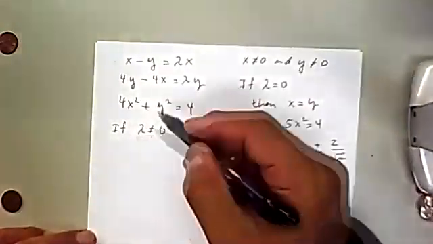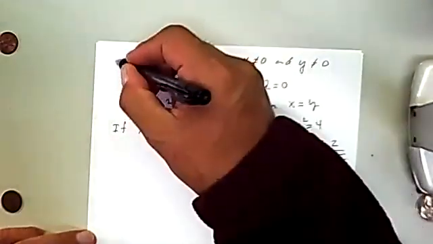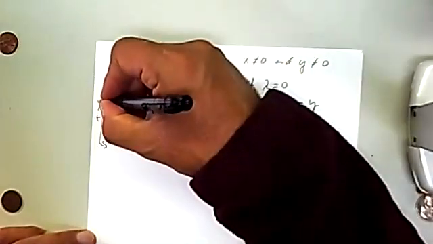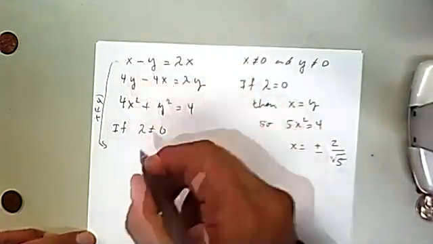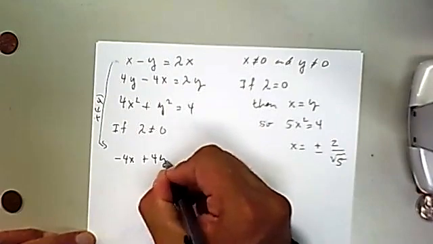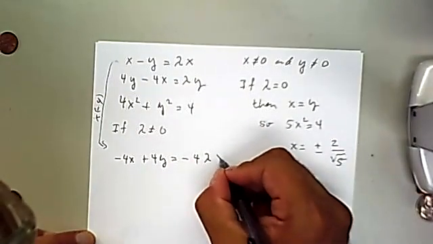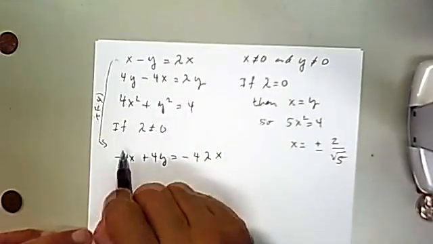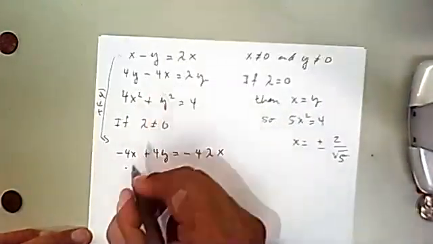Anyway, so if this is the case, we can multiply the first equation by -4. That's going to give us -4x plus 4y equals -4 lambda x. I'm going to rewrite this equation again differently. -4x plus 4y equals lambda y.